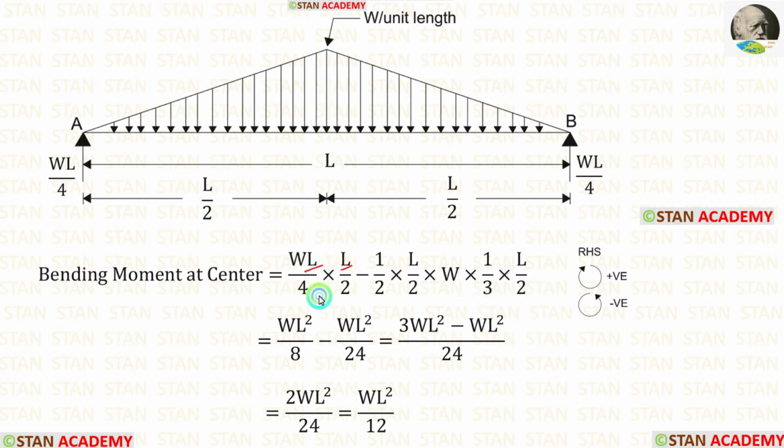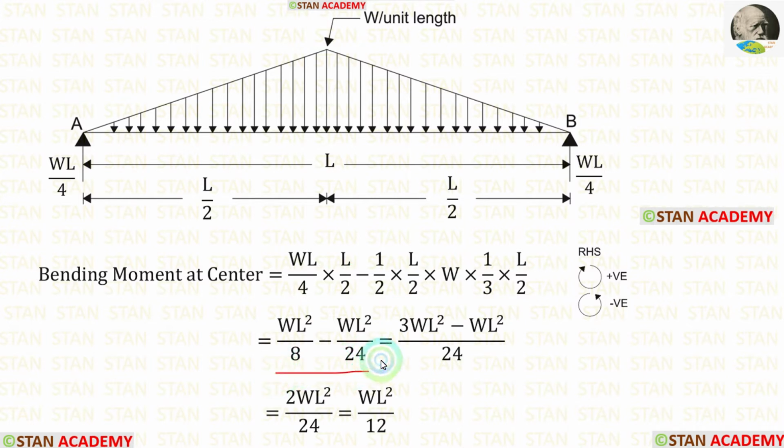L into L, we will get L square. 4 into 2, we will get 8. L into L, we will get L square. When we multiply 2 into 2 into 3 into 2, we will get 24.